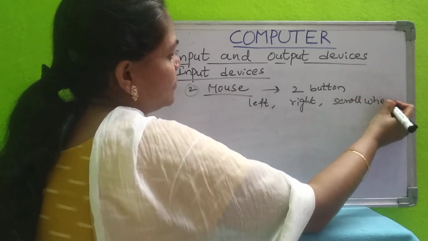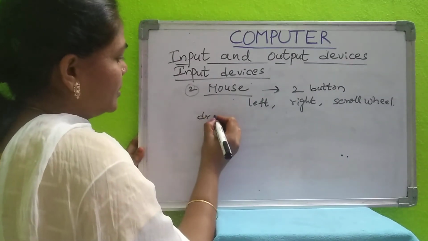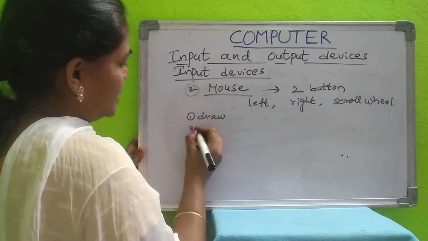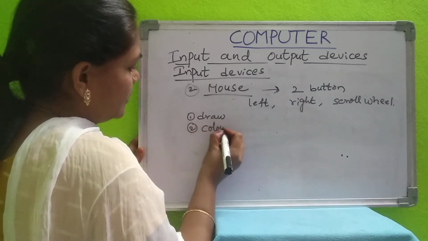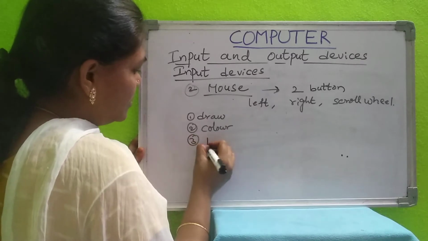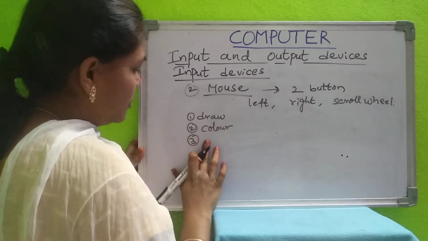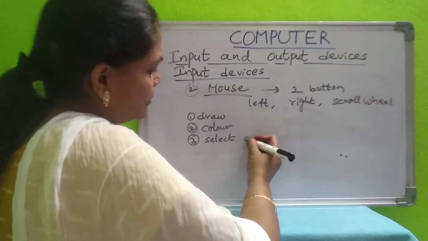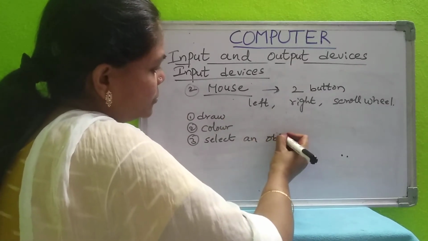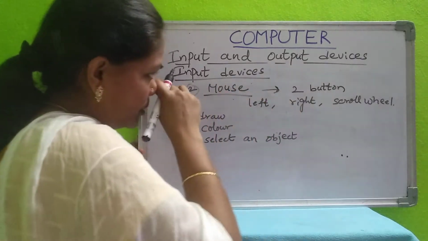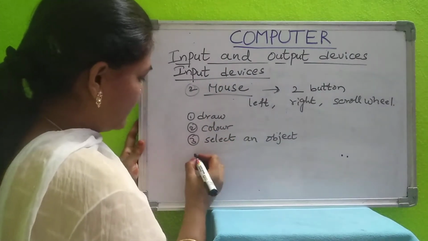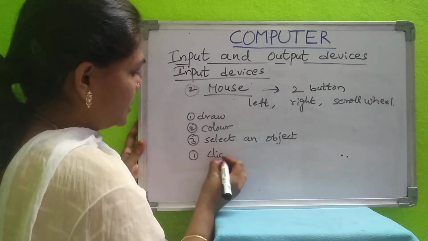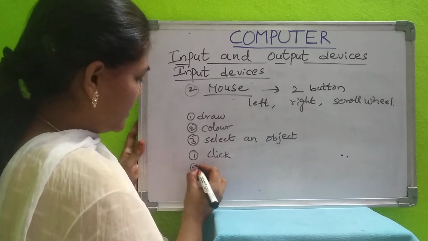What is the use of the mouse? We can draw pictures and color pictures. We can play a movie, or select an object. What operations can we do with the mouse? With the mouse we can click, isn't it? This also we had in second class.